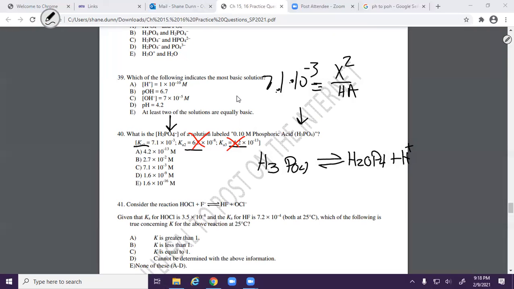So what's my concentration of HA? Oh, that's 0.1. Solve for the concentration. What is the concentration of X, basically? Solve for X, given that this is equal to 0.1. So what does X equal?